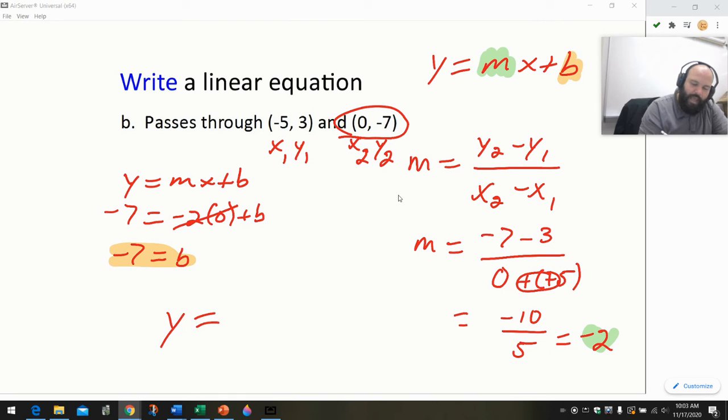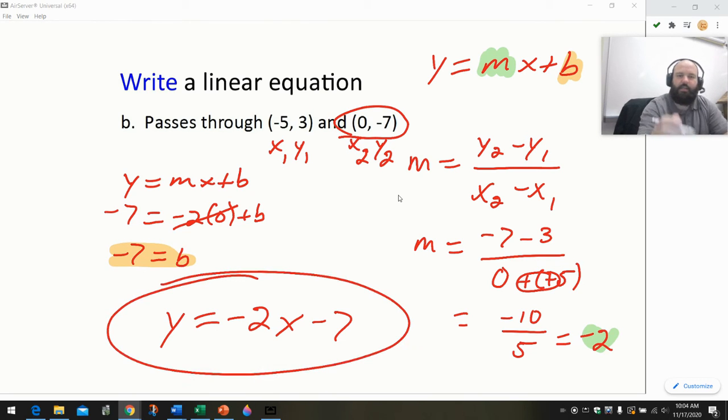Y equals m, which is -2, and then x plus, and then b, which is -7. Now, if you would rather not write plus -7, you could actually just write -7 like that. So you can see my equation is y equals -2x minus 7.